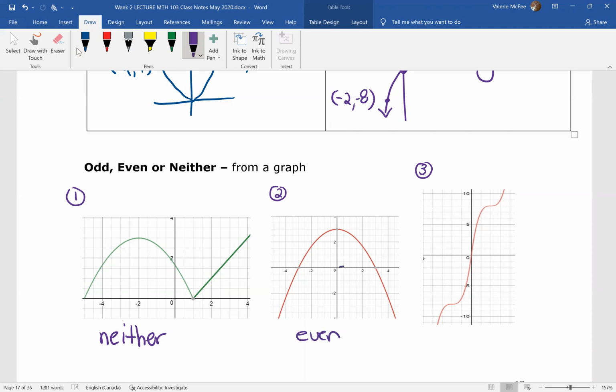We have symmetry on either side of the y-axis. The third one, if I put a pin at the origin and rotate it, would be exactly the same. This one's an odd function. We can see that by looking at a graph, it's pretty easy to determine whether a function is odd, even, or neither.